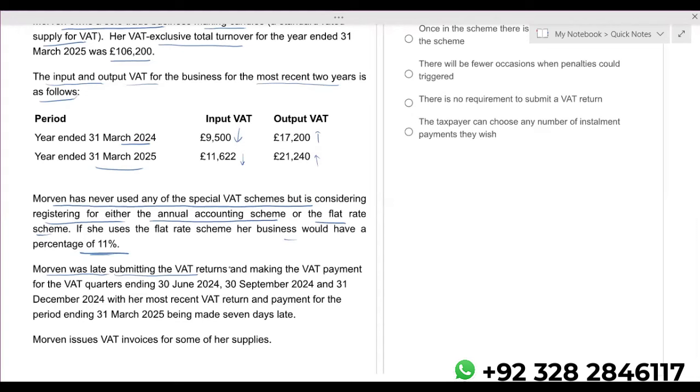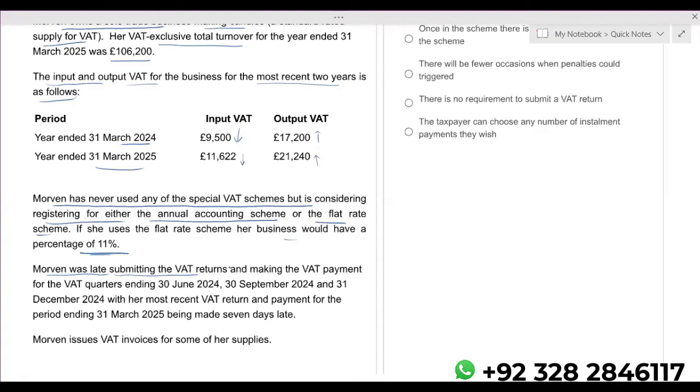If it happens 4 times, once your score of late payment reaches 4 penalty points, then that will be the first occasion where you will be paying a penalty of £200. And after that, subsequently on each return submitted late, you will be paying a penalty of £200, unless the next four returns you submit on time, then your score becomes zero.